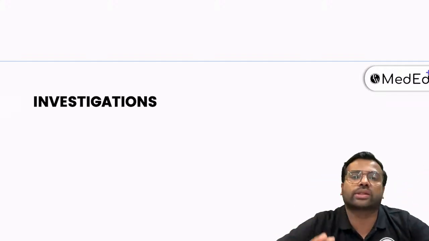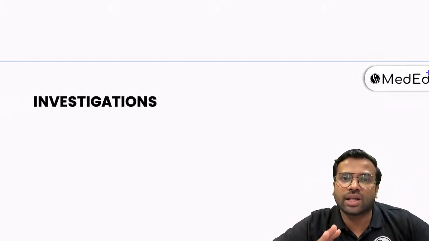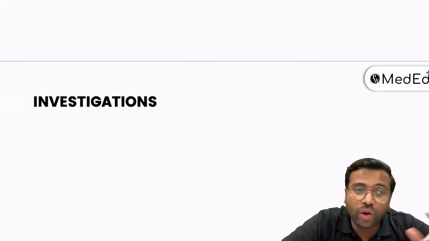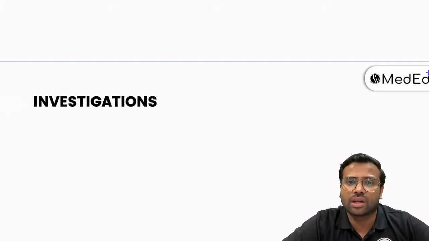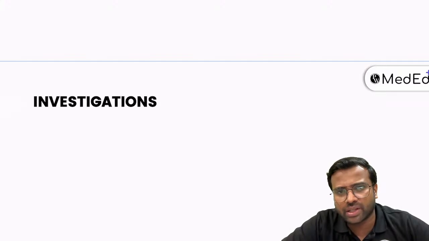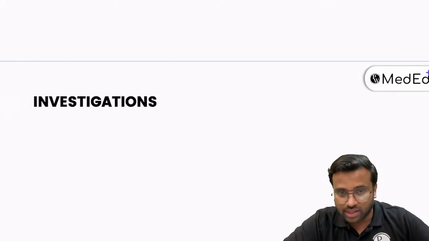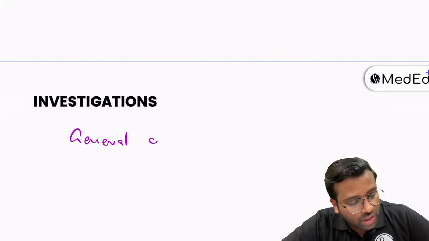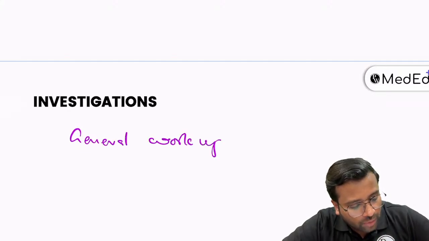In all those, can we have a general approach about how to do a workup with investigations? Obviously, in all of the patients, just like how you deal with it in medicine, we can go for a general workup first.